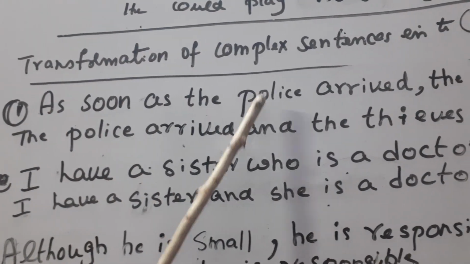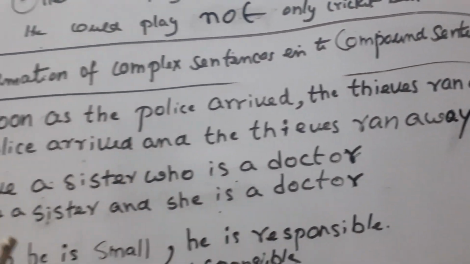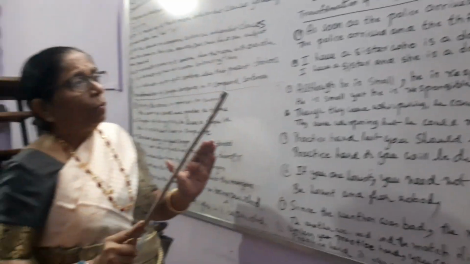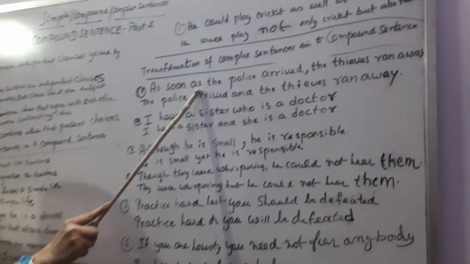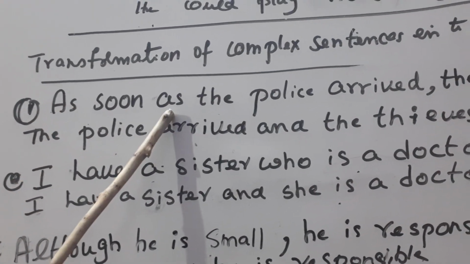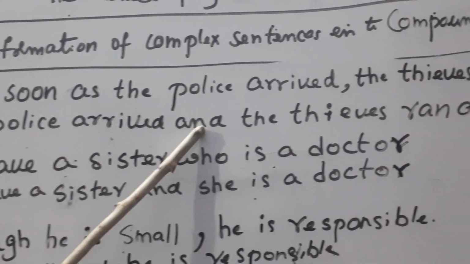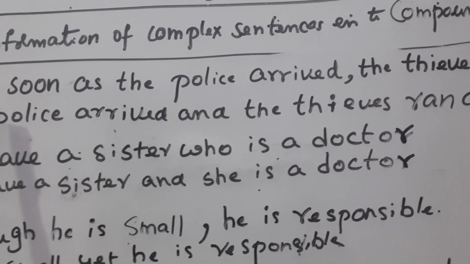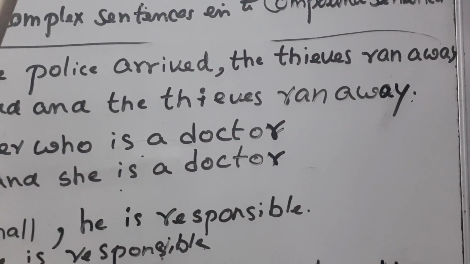When the complex sentence uses "as soon as," the compound sentence will generally use "and." The police arrived and the thieves ran away.